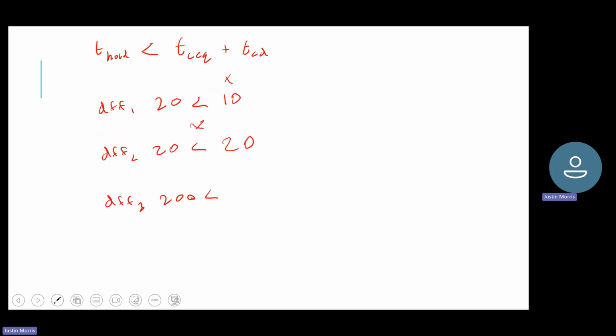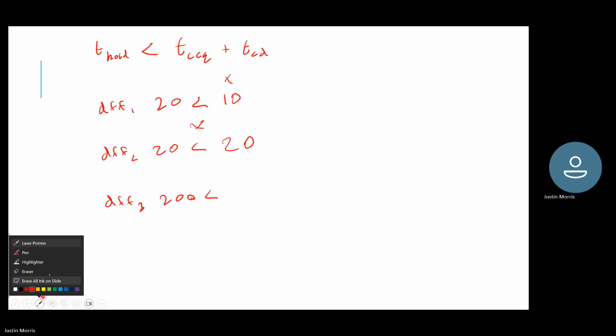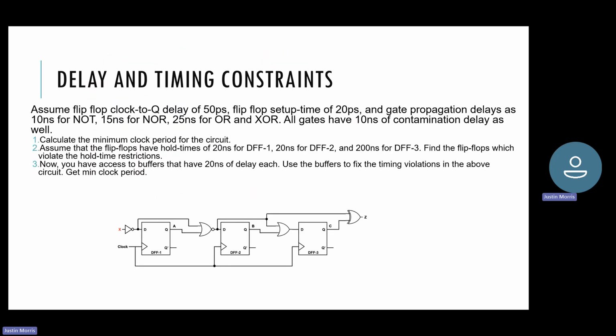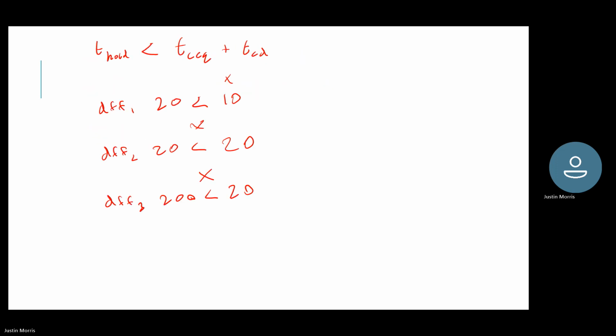So this is again 20, and we also don't like that. All three of them have hold time violations, and we are going to fix that. Now you have access to buffers that have 20 nanoseconds of delay each. Use the buffers to fix the timing violations of the circuits, and then calculate the new minimum clock period. Let me switch colors.